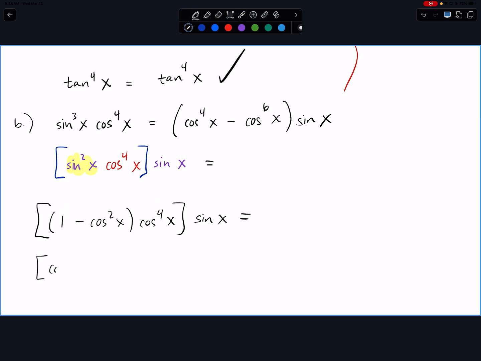Cosine to the fourth minus cosine squared times cosine to the fourth is cosine to the oh my goodness, we are so smart.